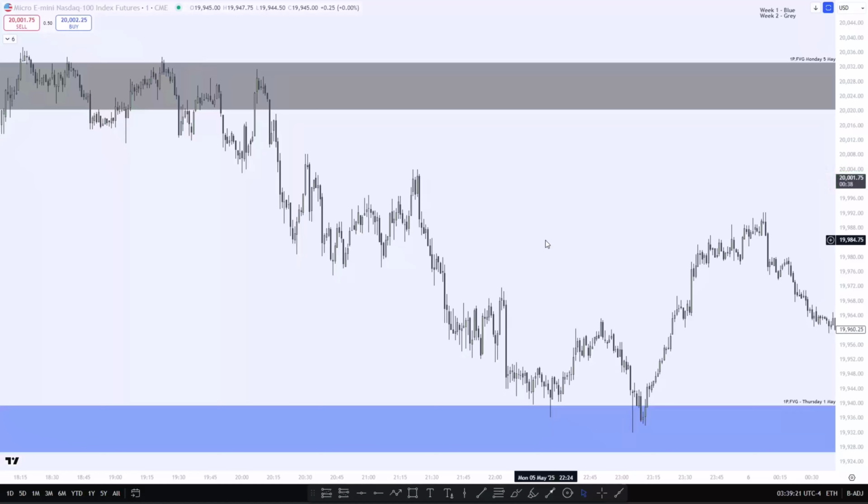Very important if you want to understand how we're gonna build this model. You have to know how price travels between these gaps.